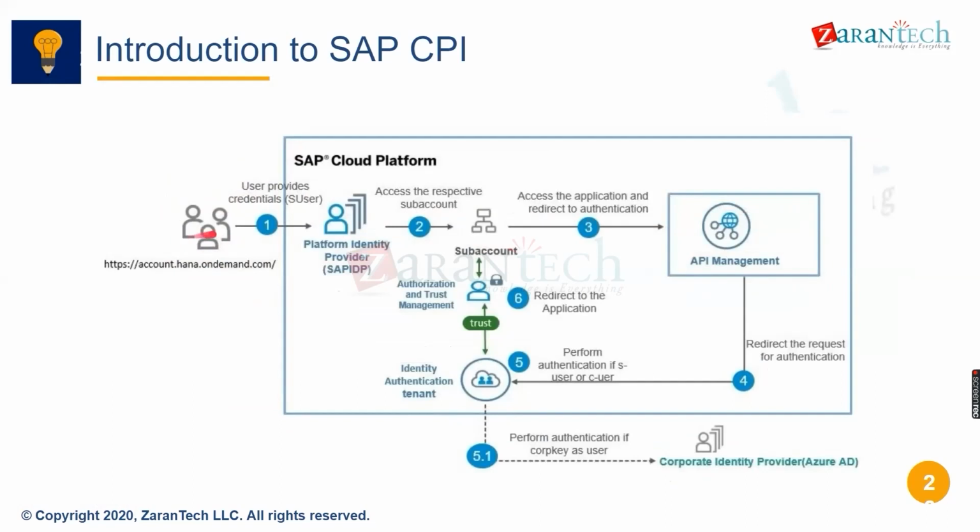Now, let's assume this is SAP CPI. When some sender system wants to trigger some data, before reaching SAP CPI, it will check whether the user exists in the identity provider database or not. If the user is trusted, then it will allow access to the CPI.